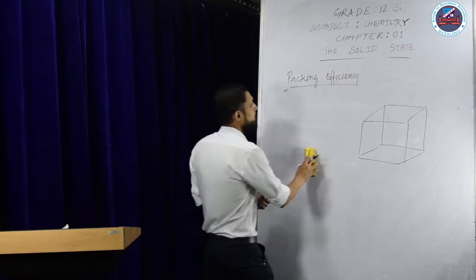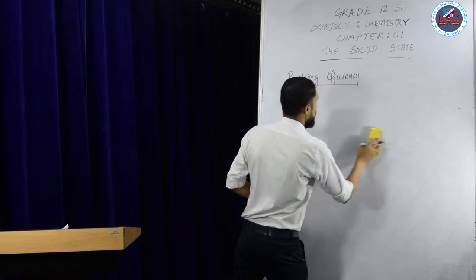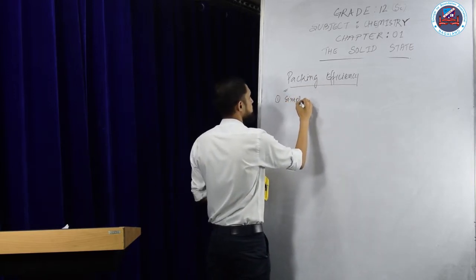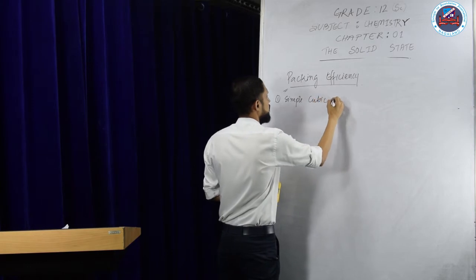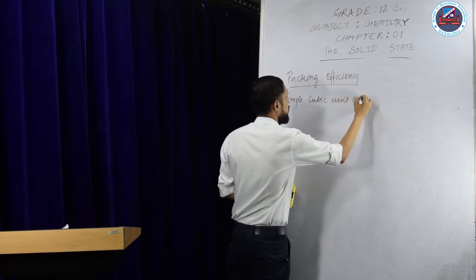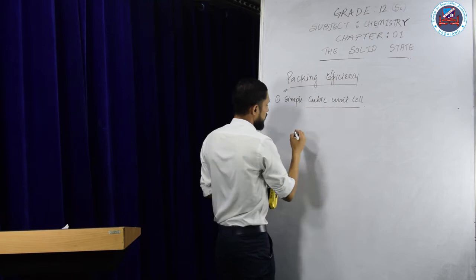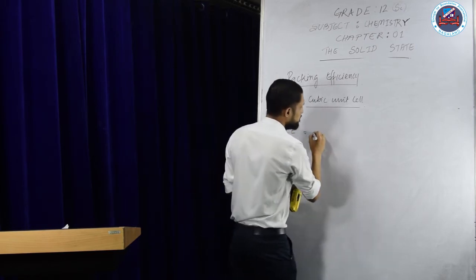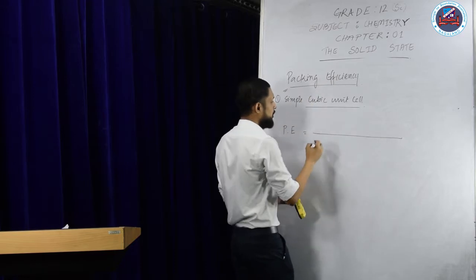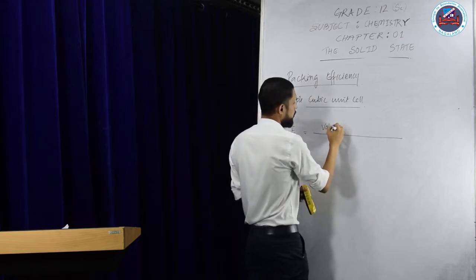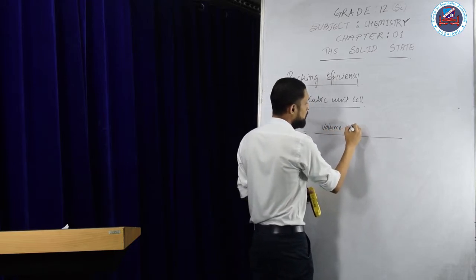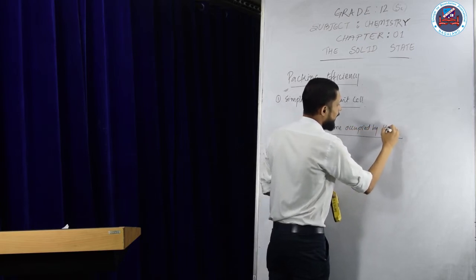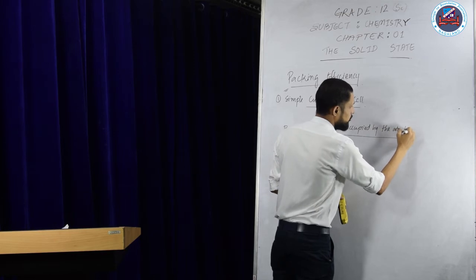So to start with, simple cubic unit cell. Packing efficiency formula is, in the numerator is the volume occupied by the atom or atoms.